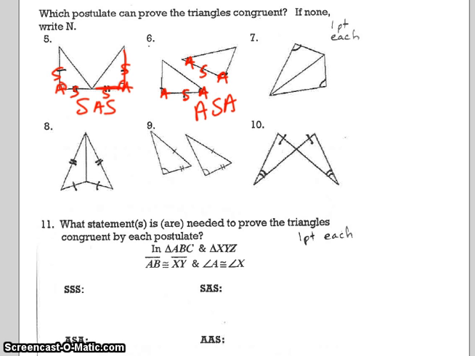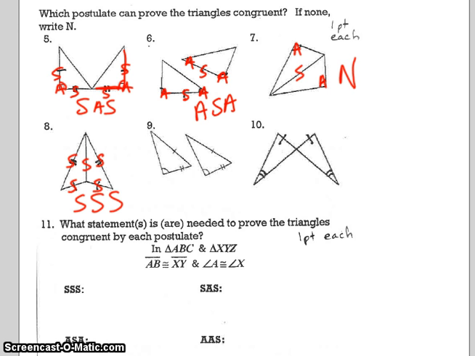This one, number 7, we have an angle, and we have this reflexive side here, but we don't have anything else. So that'd be none. Number 8, we have a side and a side, and this reflexive side. So we have side, side, side.